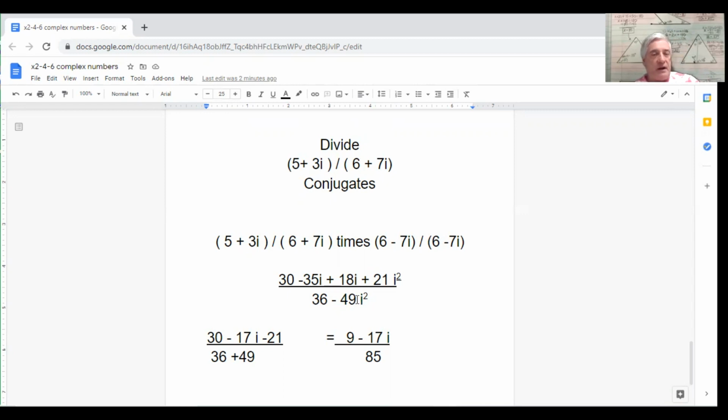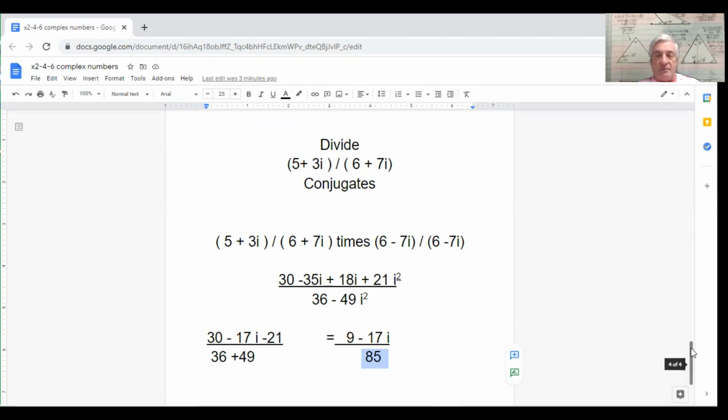We do know something about i squared. i squared becomes negative. Negative times negative 49 is a plus 49. So we get 36 plus 49 on the bottom. We add that up and we get 85 on the bottom. The conjugate helped us simplify the division problem because they don't want any i's or any radicals on the bottom. That's how your book has chosen to simplify.